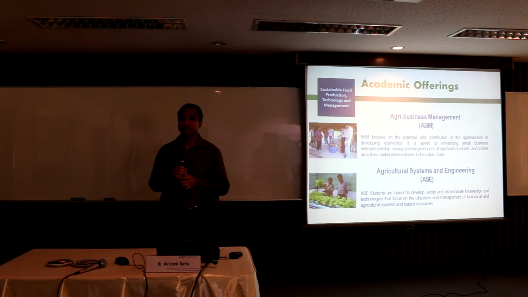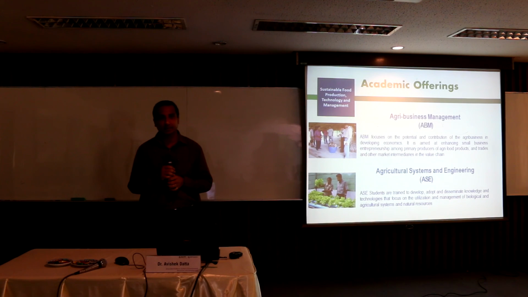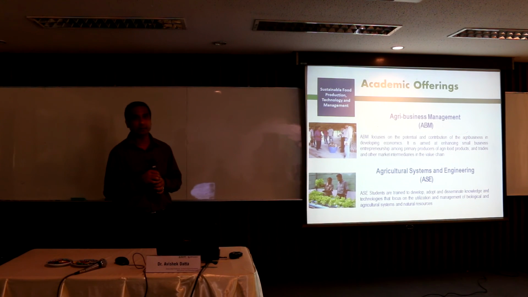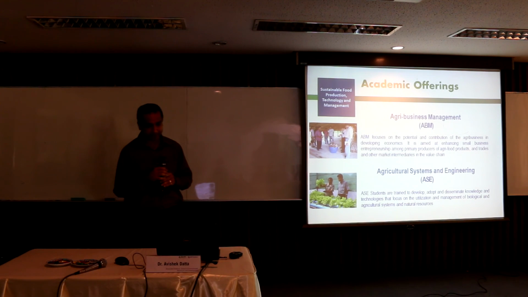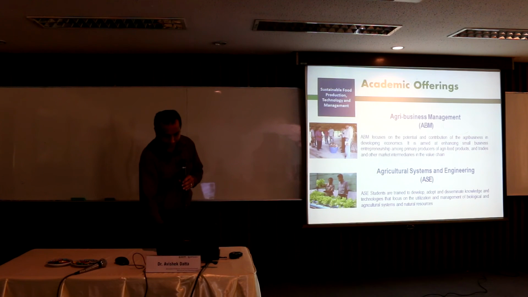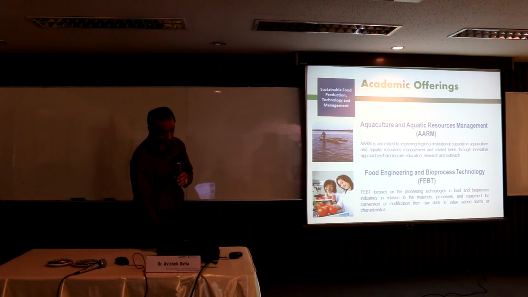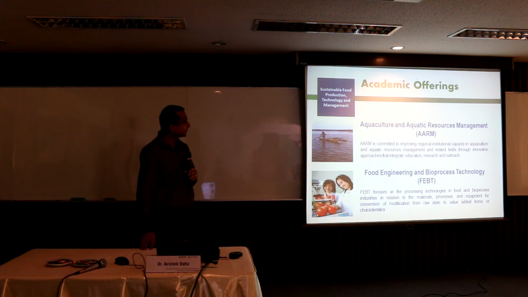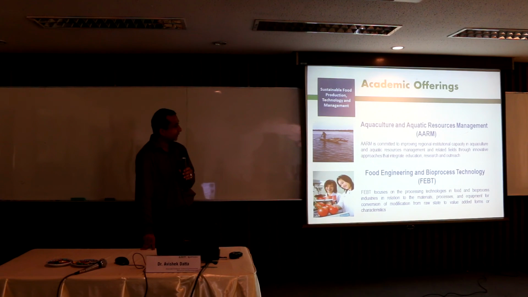One is agricultural systems, agricultural engineering is the second one, and third one is agribusiness management. Each specialization is represented by one faculty. And in aquaculture and aquatic resources management, they also have 3 different types of specialization, and it is also true for food engineering and bioprocess technology.